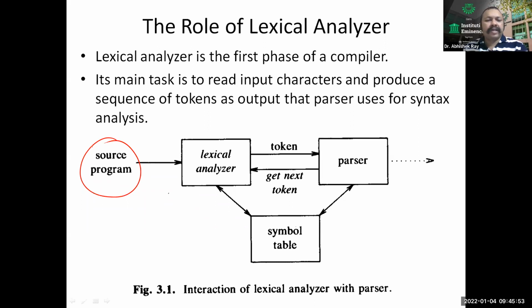Okay. So once the source program is given to the lexical analyzer, we have seen in the previous discussion that the lexical analyzer identifies a set of tokens and throws them to the parser for sequencing or finding the parse tree. Now, let me give you one case.